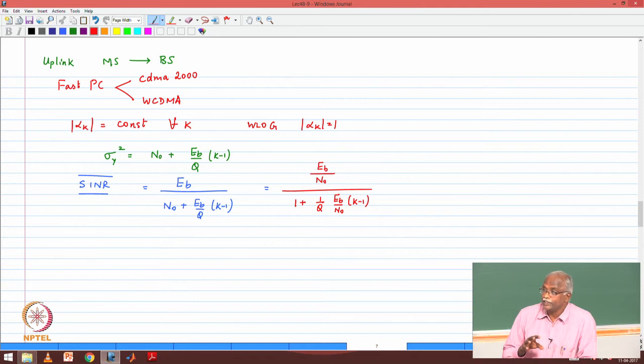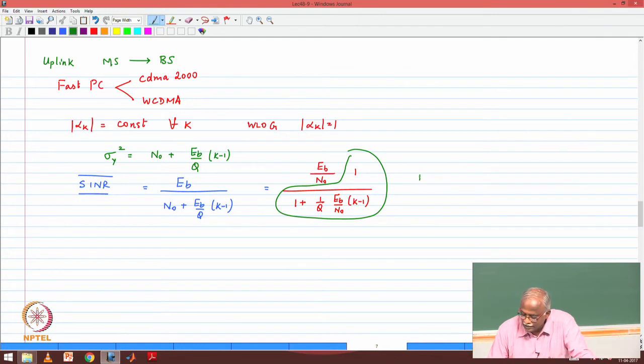But now, because other users are present, though they have been suppressed by our spreading factor Q, they are still present, they are contributing, so the denominator is a number that is greater than 1. So this is going to take you away from the performance of a single user system, and by how much is called the degradation parameter. If you call this DG, the degradation parameter, it is at worst equal to 1, at best equal to 1, and mostly it is less than 1.